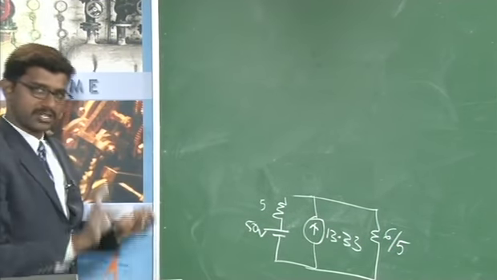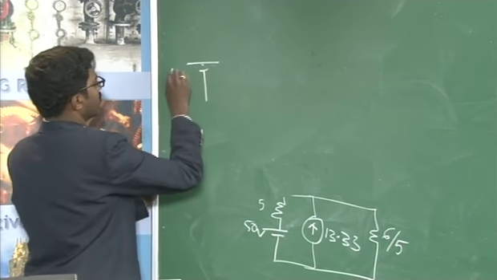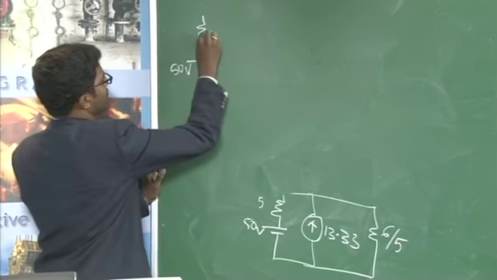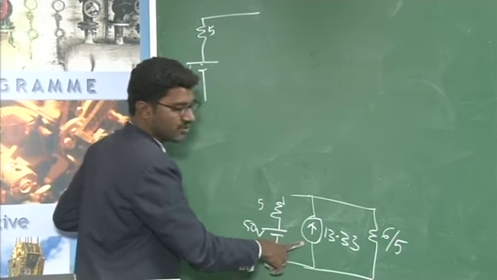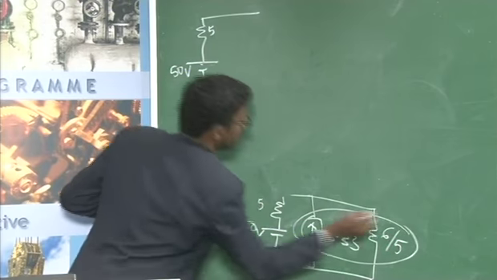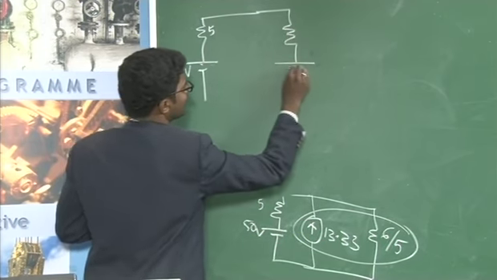Further you can reduce it into a single voltage source, that is 50 volts in series with a resistance, that is 5, and you can convert this into an equivalent voltage source. If you convert it into an equivalent voltage source, then your circuit is like this.